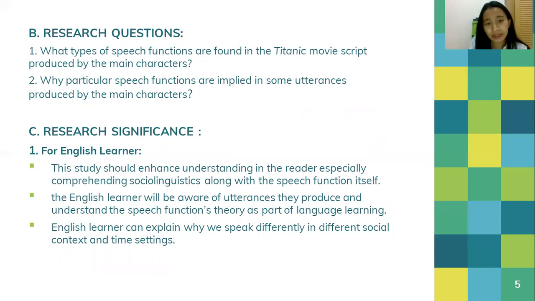This study should enhance understanding in the reader, especially comprehending sociolinguistics along with the speech function itself. Also, the English learner will be aware of the utterances they produce and understand the speech function theory as part of language learning. And then the next one, English learners can explain why we speak differently in different social contexts and time settings.